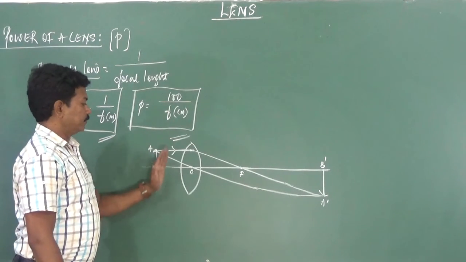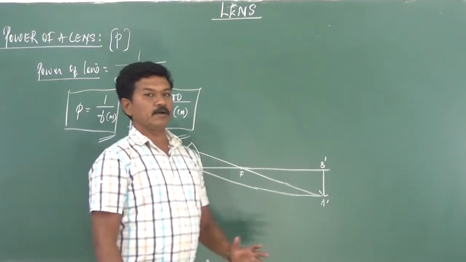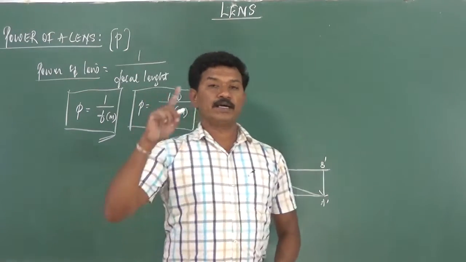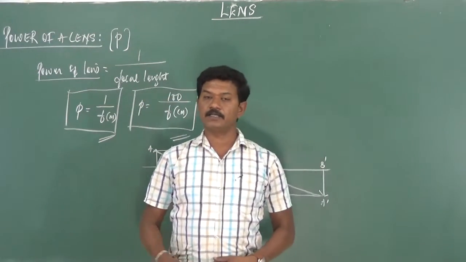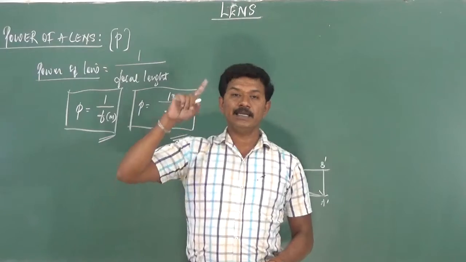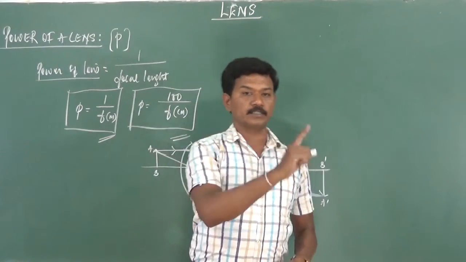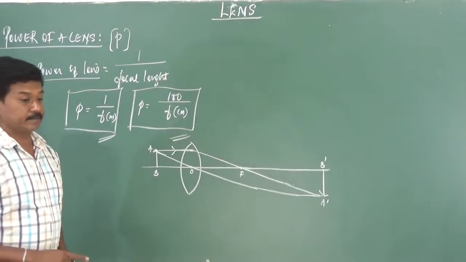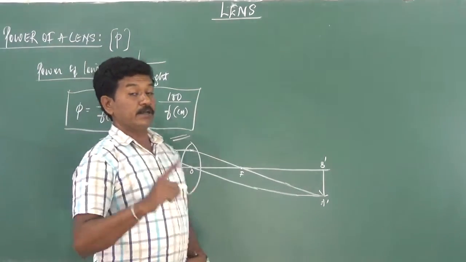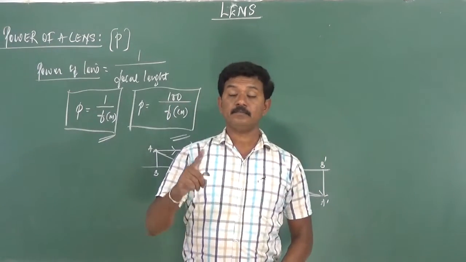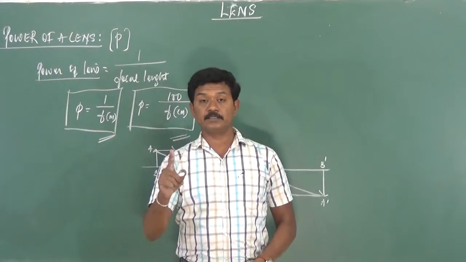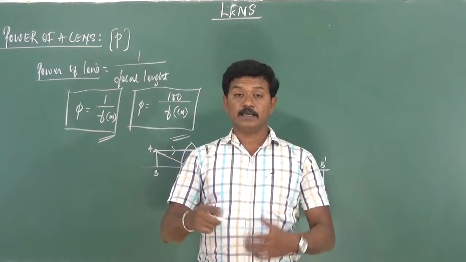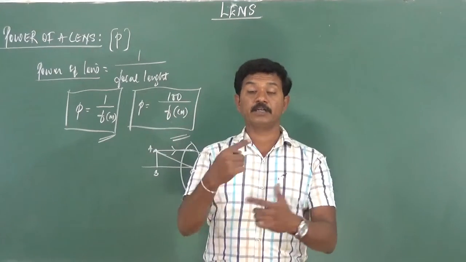Here, if the lens has the ability to converge the light rays falling on it very, very near to the principal focus, I hope you can understand this, the power of a convex lens can be imagined like this.